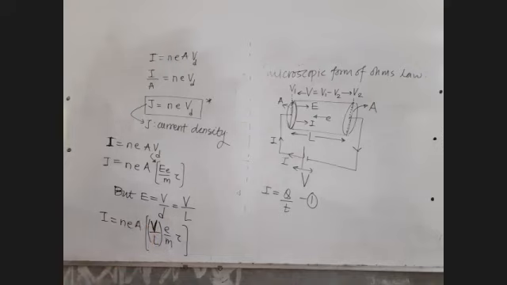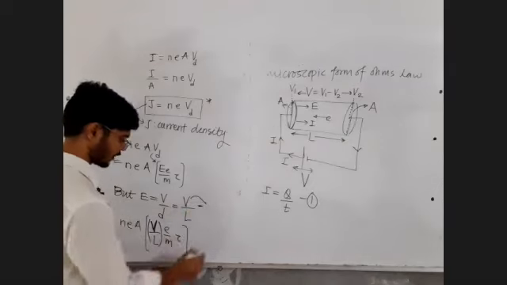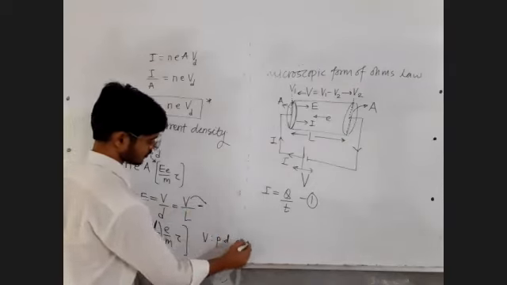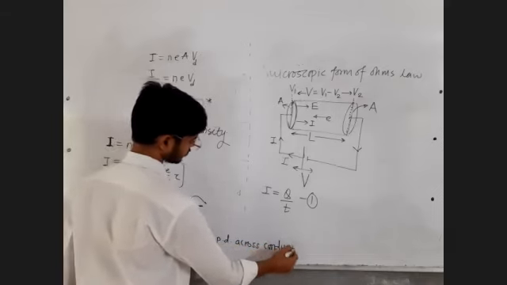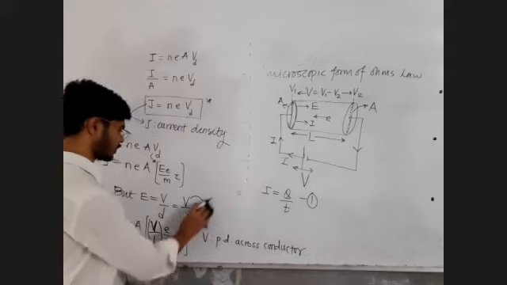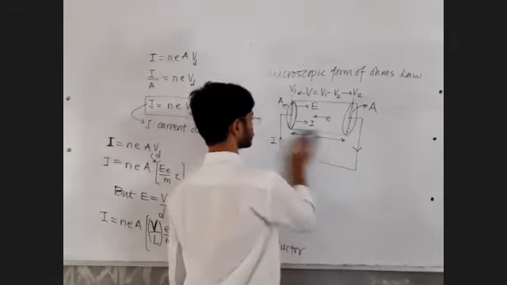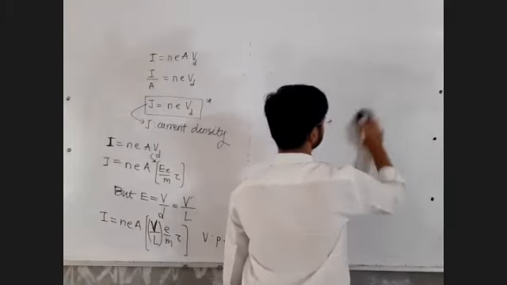Capital V is the potential difference across the conductor. Just keep on writing.